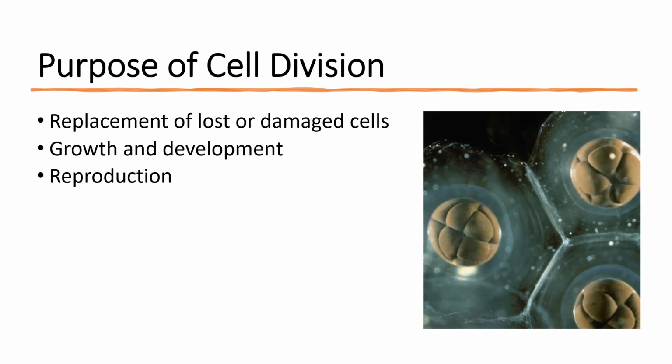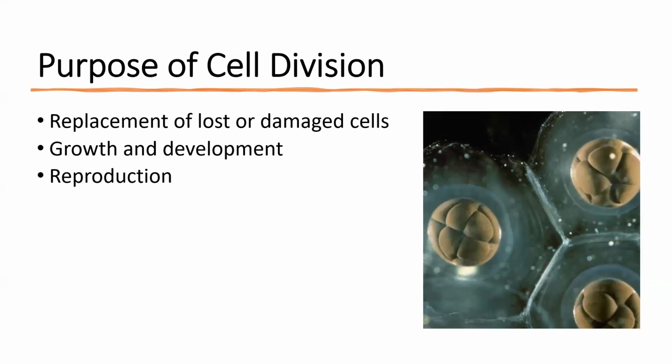If you have a cut in the finger, you lost some cells, you need to replenish them, okay? We also need cell division for growth and development. You have many more cells now than when you were first born. And for some organisms, cell division is a way for reproduction.